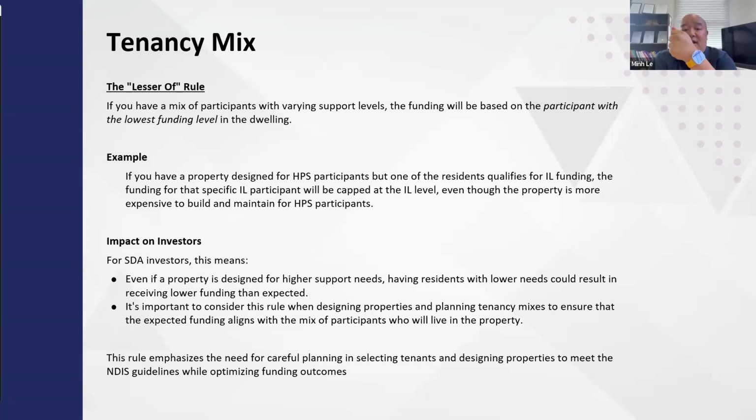And they say, I've got $90,000 income, I'm on 1 to 2 funding, I'm applying for it. The lesser of rule is the lesser of those 2 numbers: the lesser of $50,000 versus $90,000. Because the NDIS funded enrollment for this house is $50,000 per person, that's the lesser of rule.